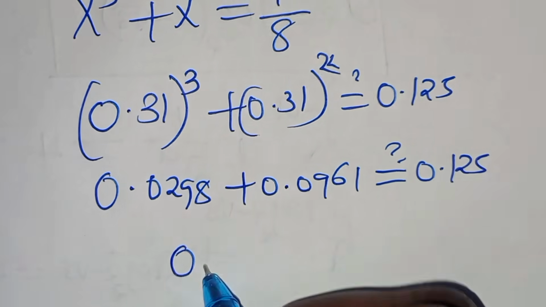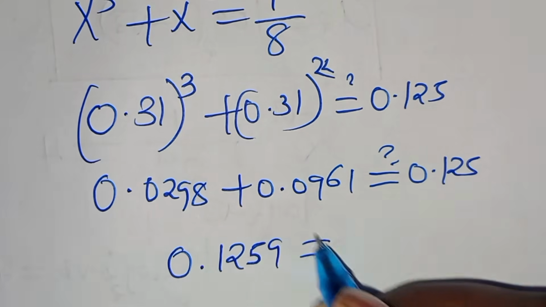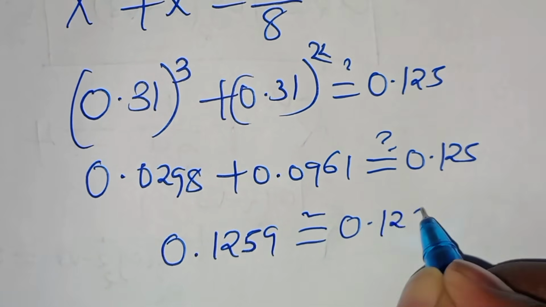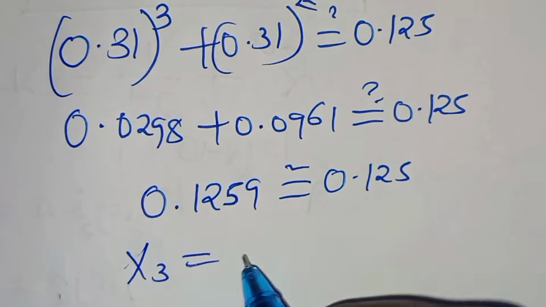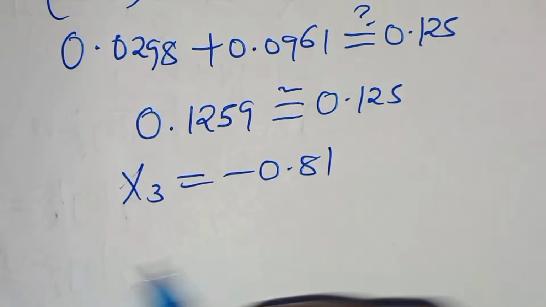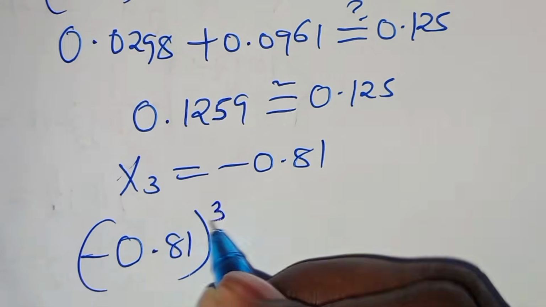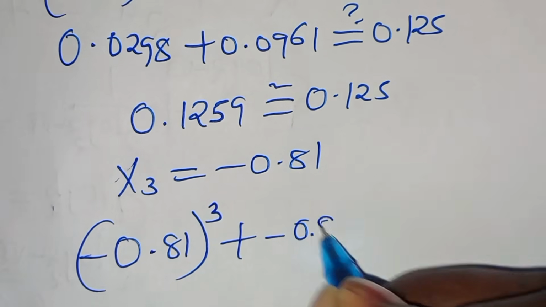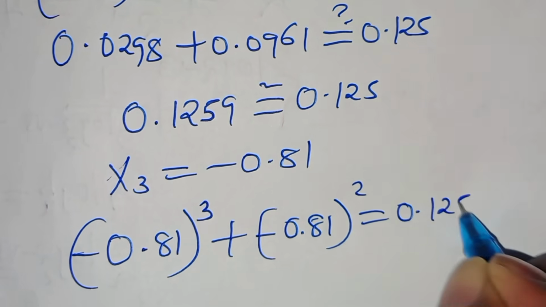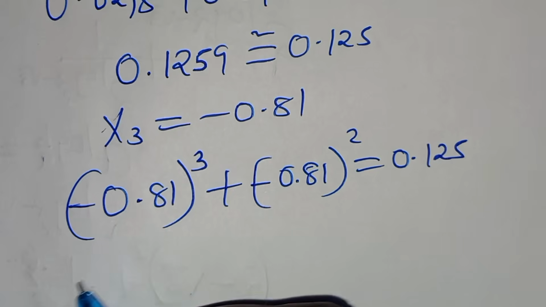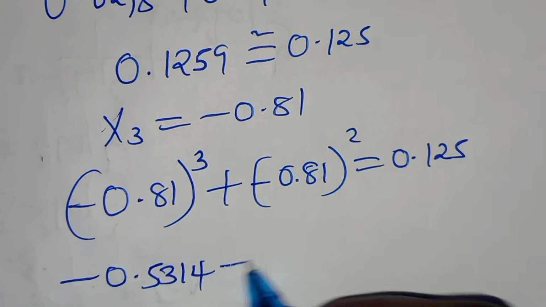So here we have 0.1259, which is approximately equal to 0.125. Let's check x3, which is equal to negative 0.81. We have negative 0.81 raised to the power of 3 plus negative 0.81 raised to the power of 2. This should give us a value of 0.125. So here we have negative 0.5314, then plus 0.